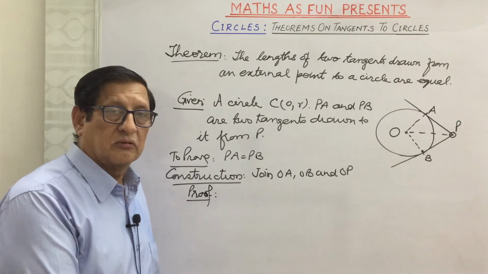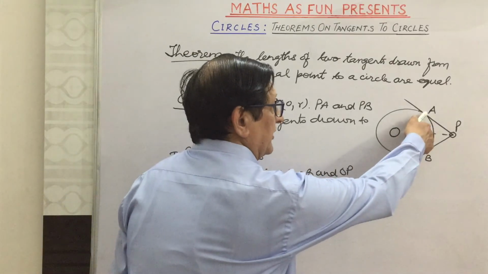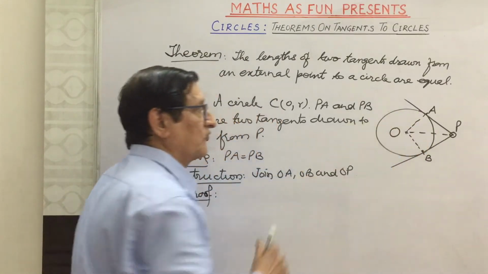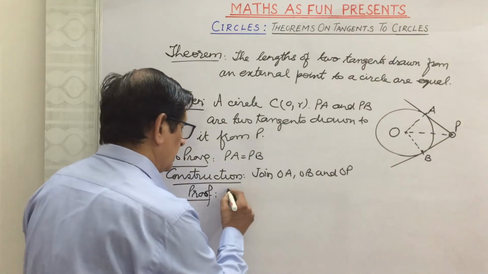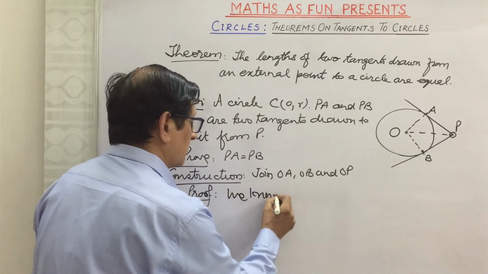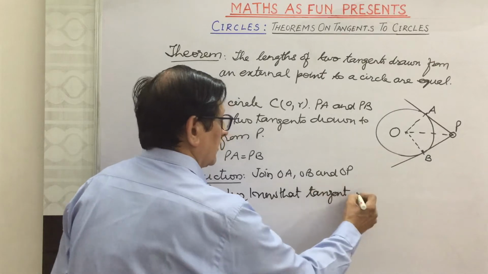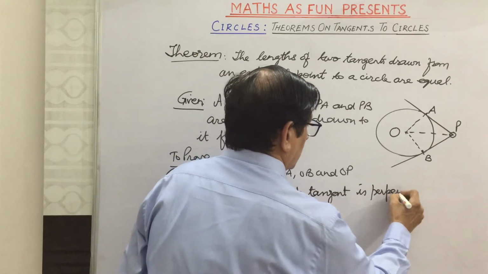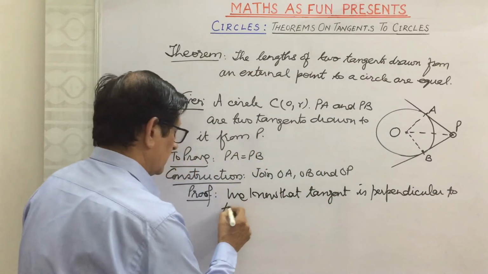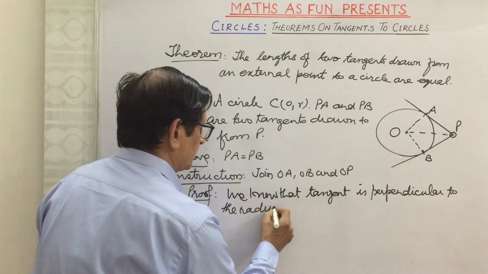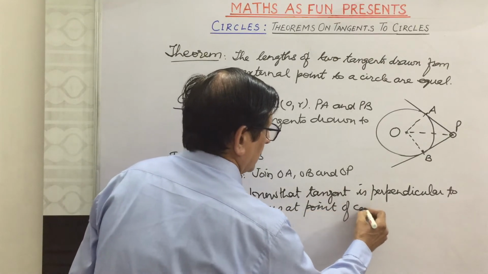We know that according to the first theorem which we have learnt, tangent is perpendicular to the radius at the point of contact. So we write here, we know that tangent is perpendicular to the radius at point of contact.